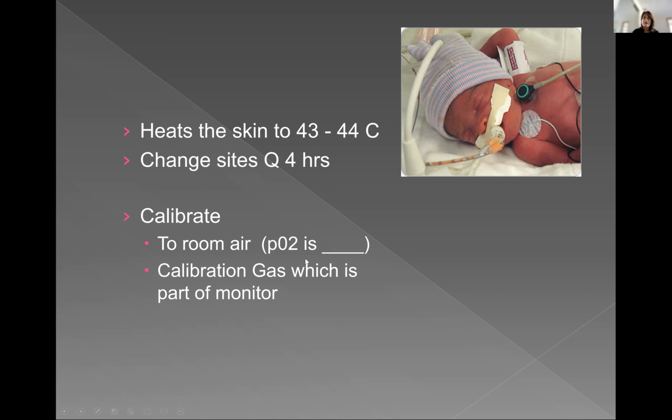So before you put it on the baby, you hold the electrode into room air and you read the amount of oxygen in room air. And here it's left blank. Do you know how much oxygen is in room air? I hope we do, Yvonne. In millimeters mercury, not percentage.